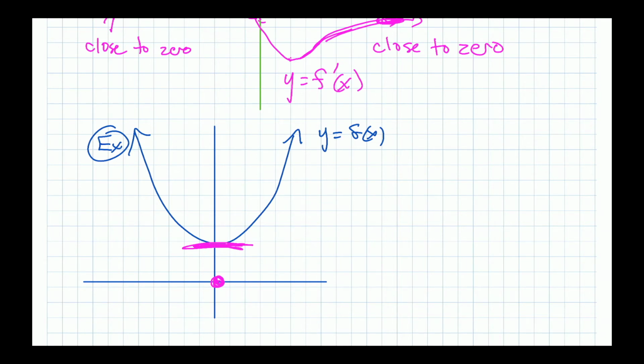Now, once you have that, you don't erase your graph. Once you have that, then on the right half, it's up and to the right. And on the left half, it's down and to the right. You wouldn't say up and to the left. We're only looking left to right.